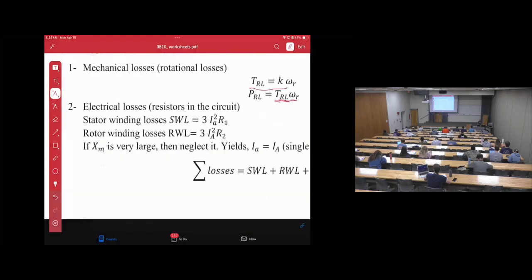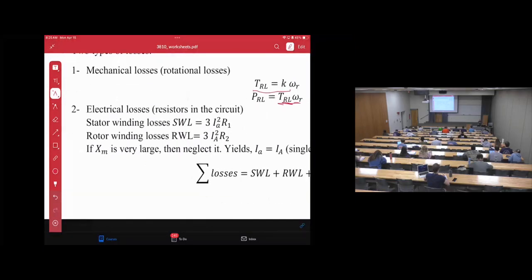So we will have stator winding losses, or as a shortcut SWL, which is 3 times I squared times R1. Then we have rotor winding losses RWL, 3 times I squared times R2. Keep in mind, when you substitute I, is there any bar above this? No bar. Therefore, substitute only the magnitude.